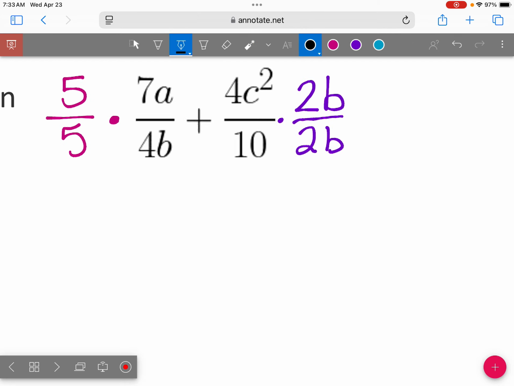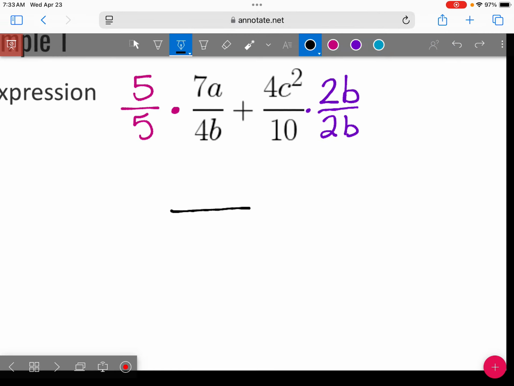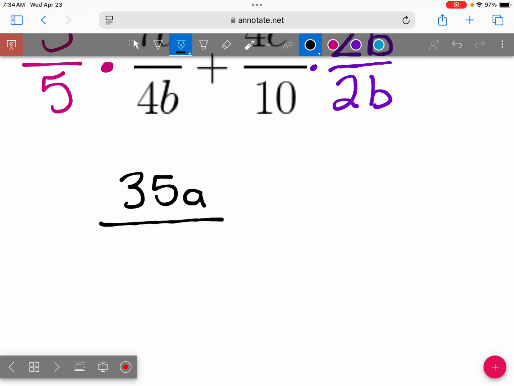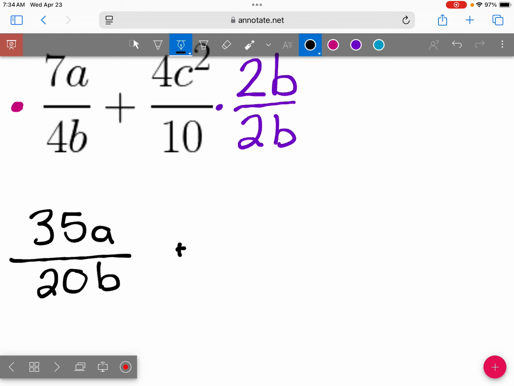So then let's do those two little multiplications here. My 5 times 7a gives us a 35a. And my 5 times 4b gives us a 20b. Then we're going to multiply my 4c squared times 2b.